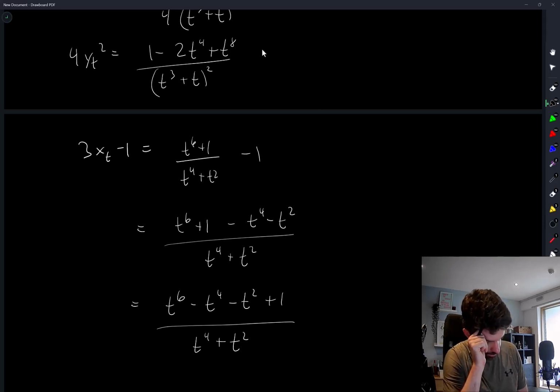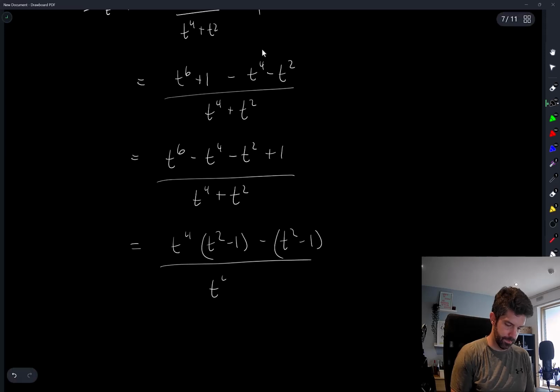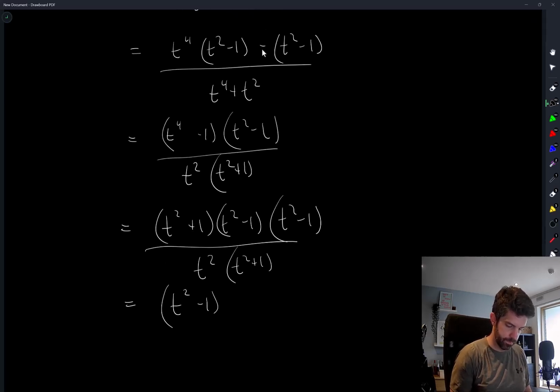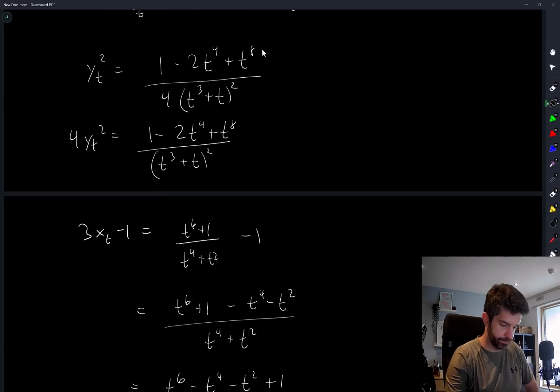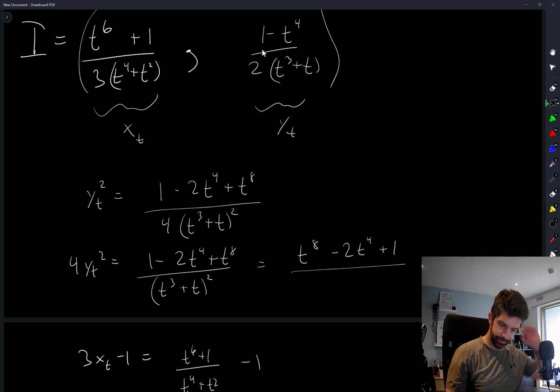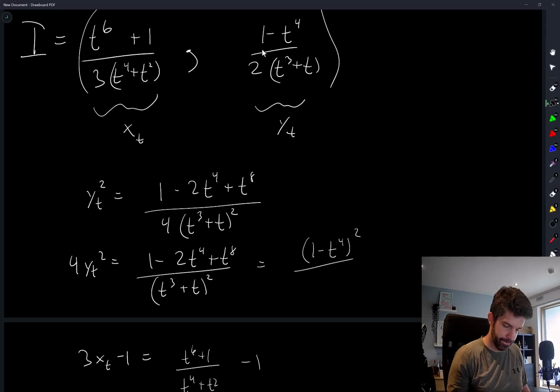These don't look equal, but let's keep this as 1 minus t to the 4 all squared divided by t squared times t squared plus 1.